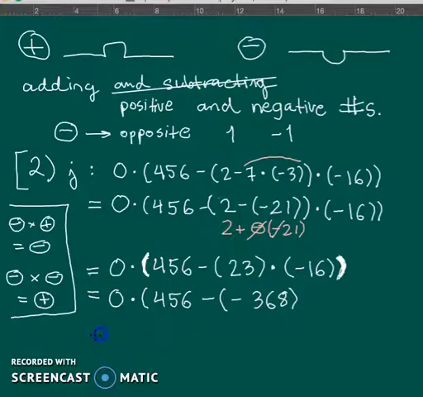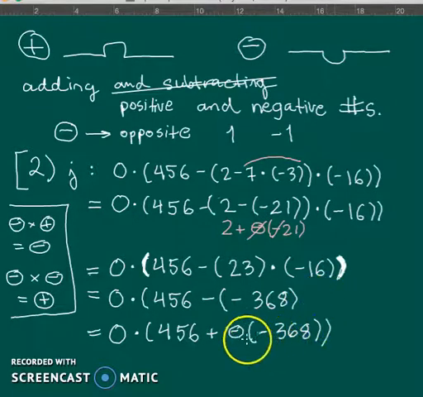Let's repeat. So 0 times 456, and once again, I'm not thinking in terms of subtraction. I'm going to be adding the opposite of negative 368.